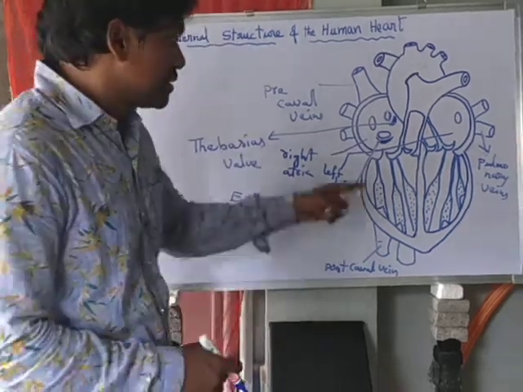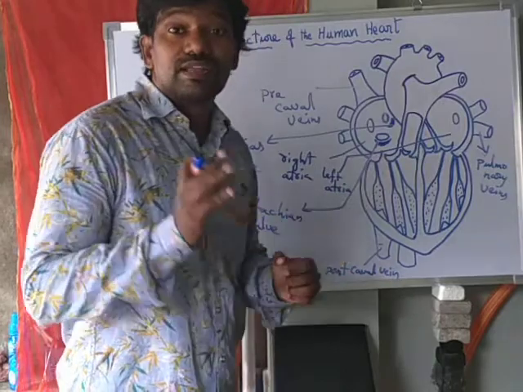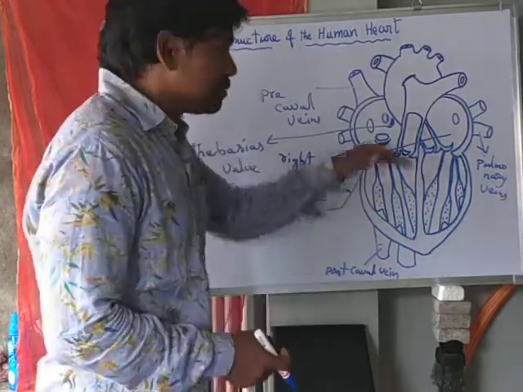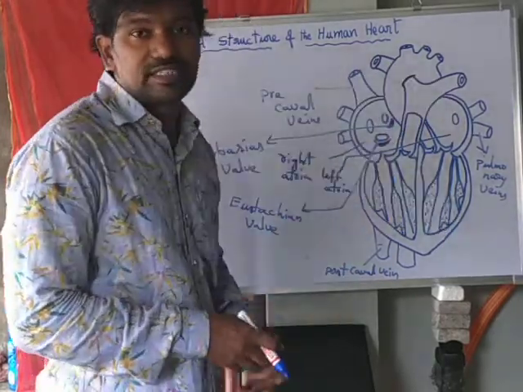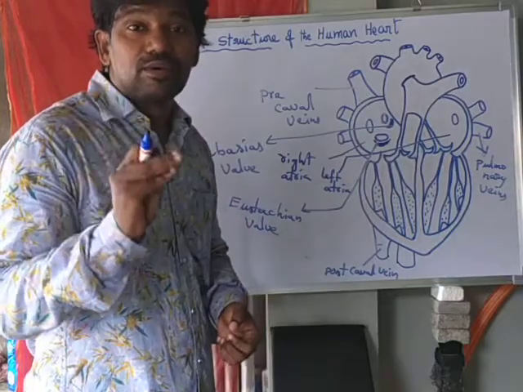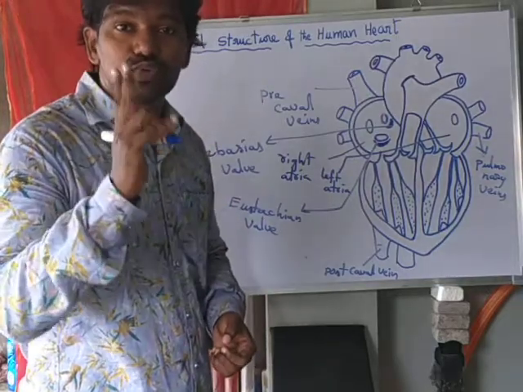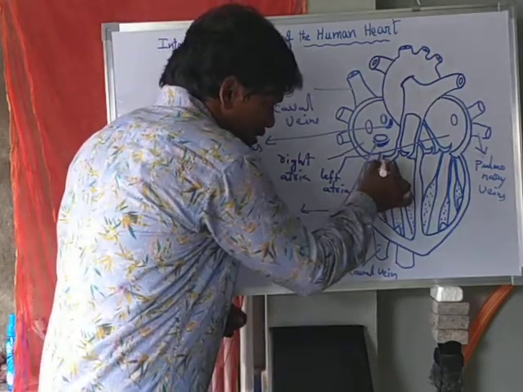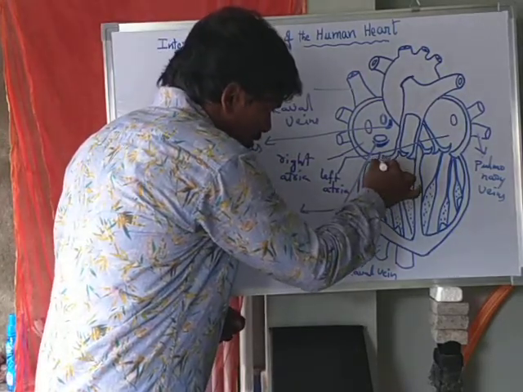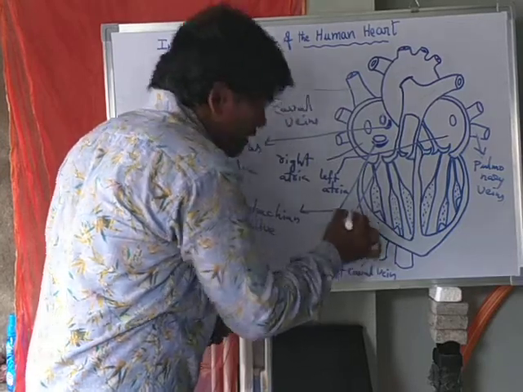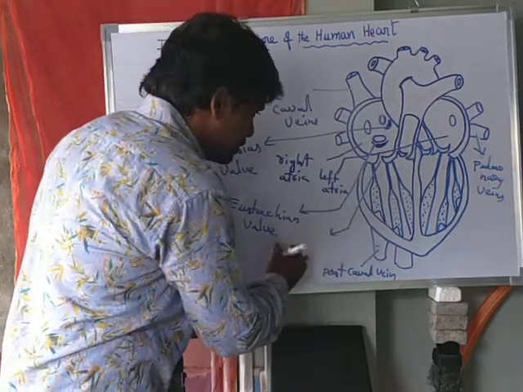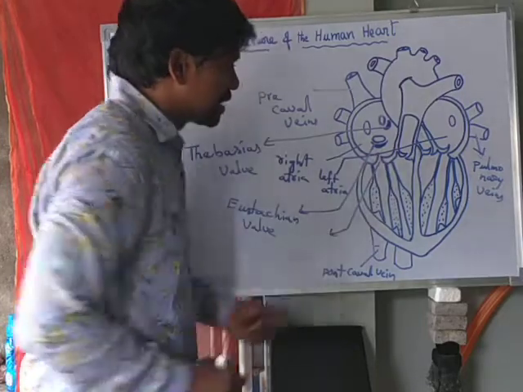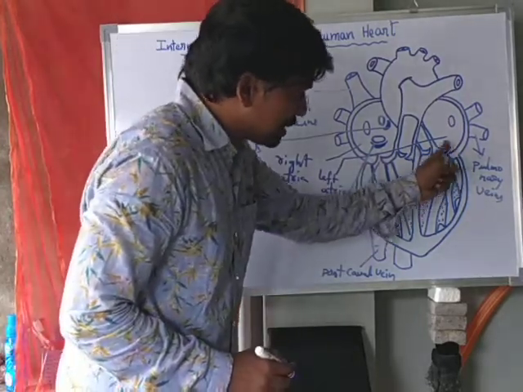Okay. The atrioventricular septum separates both atria and both ventricles. The atrioventricular septum has two apertures, one present at the right side and another at the left side.